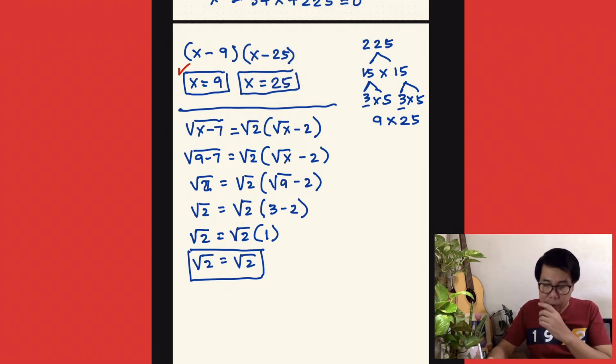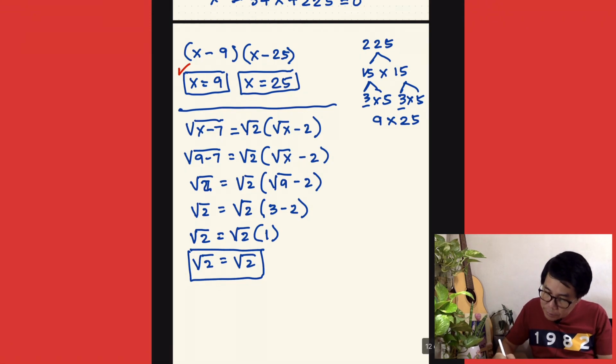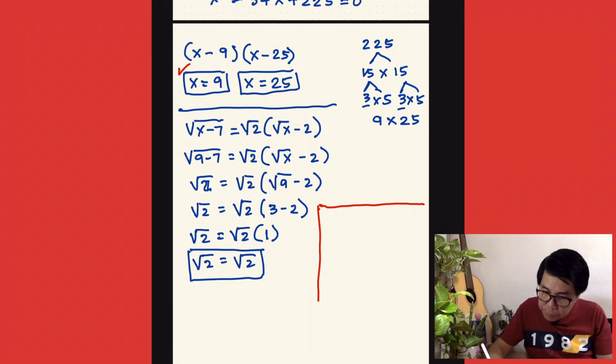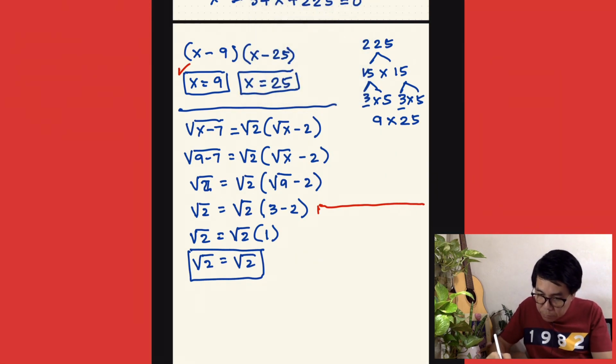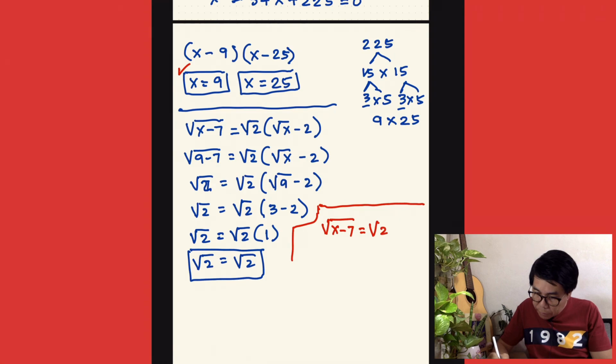So therefore, one solution is 9. Now let's see if the second one, which is 25, is also a solution. We have square root of x minus 7 equals square root of 2 times square root of x minus 2.